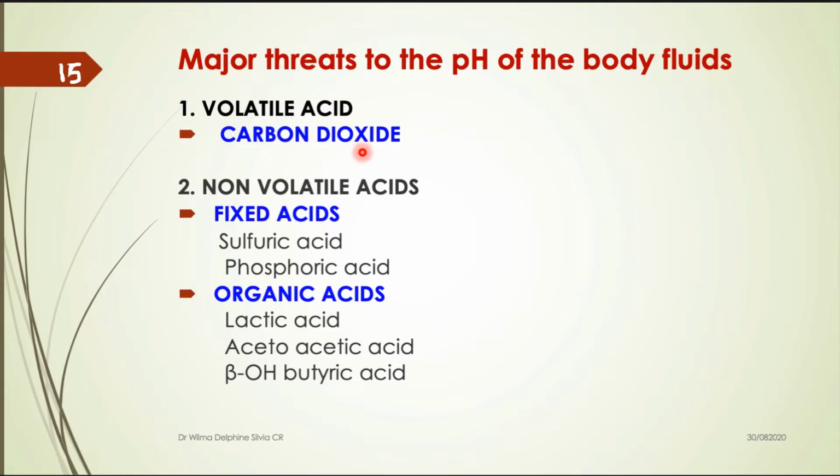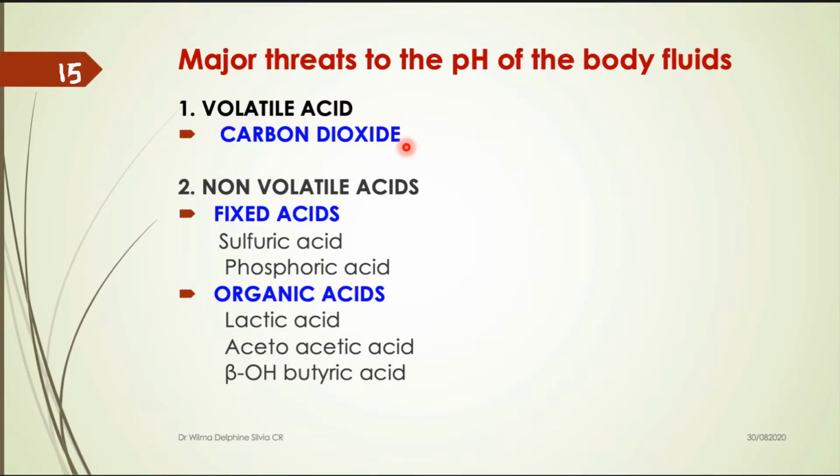Volatile acid is carbon dioxide, which is a major end product of the oxidation of carbohydrates, fats, and amino acids. It can be regarded as an acid by virtue of its ability to react with water to form carbonic acid, which in turn can dissociate to form hydrogen and bicarbonate.